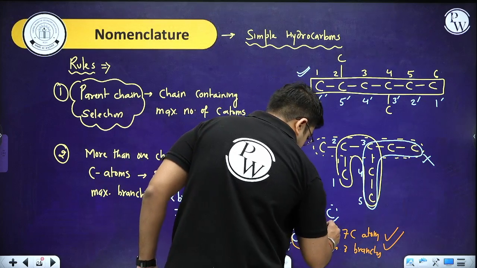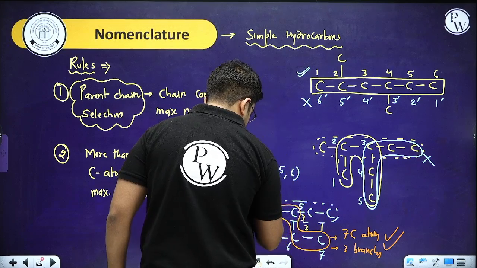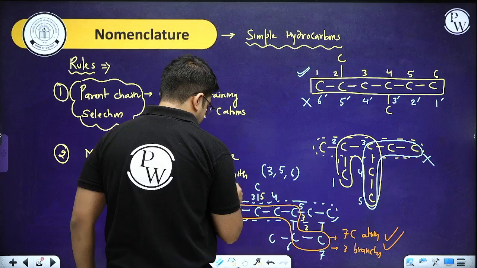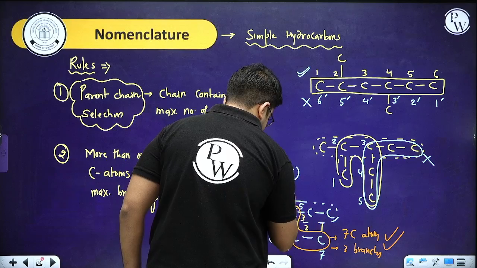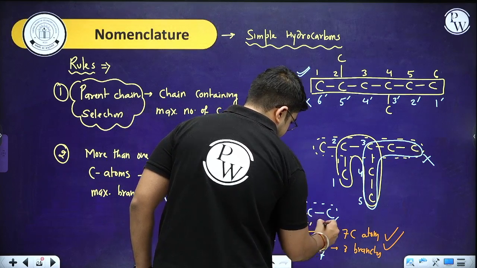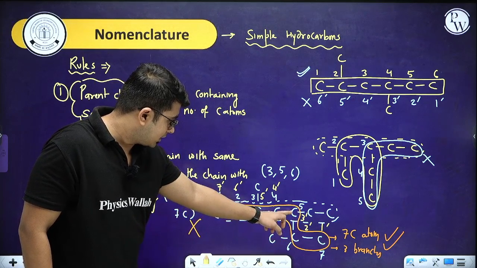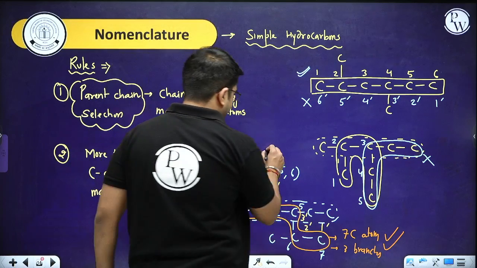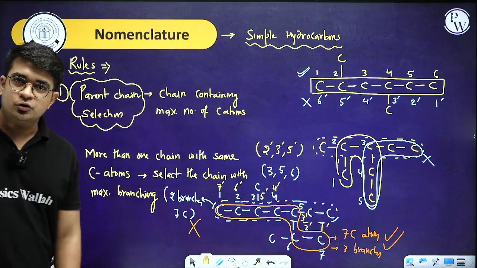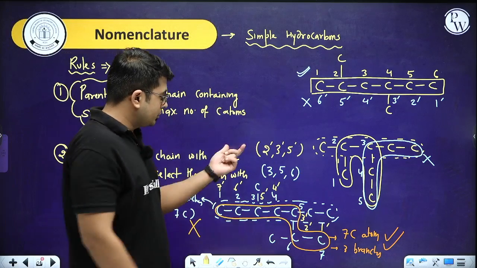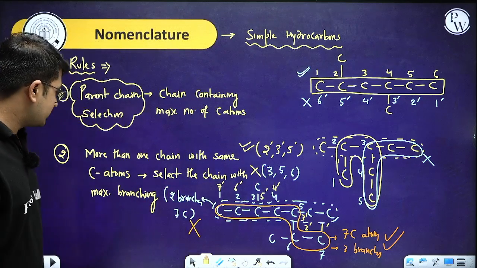So that will be 1, 2, 3, 4, 5, 6 and 7. Using the reverse side, the positions will be 2 and then 3 and then 5. So that will be 2, 3 and 5. So in this particular case, you have to use the lowest locant rule. So you can prefer that side, not this numbering. Okay. I hope this part is clear.